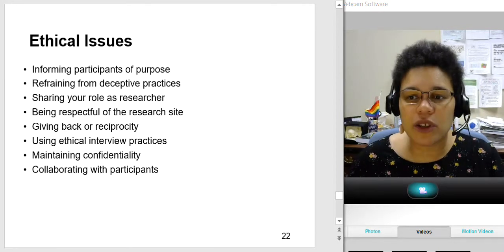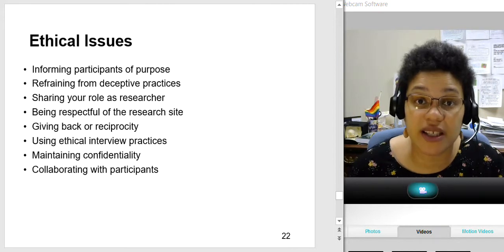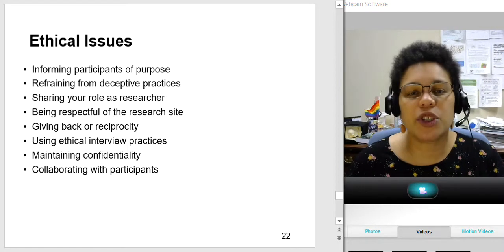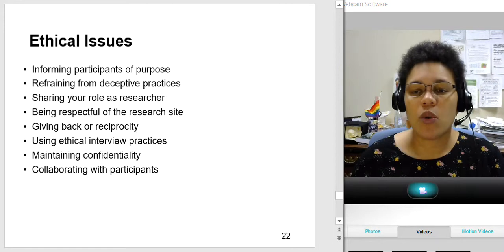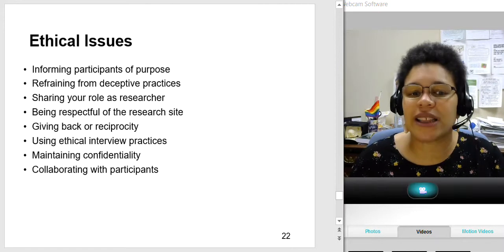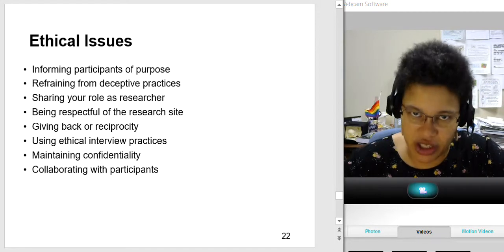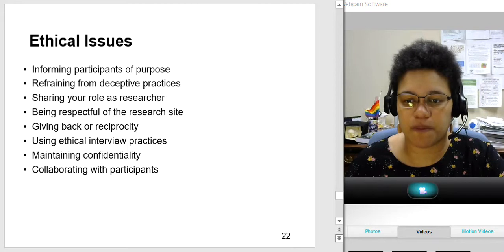And you want to look at your relationship with participants as collaborative to the extent possible, because there is a power dynamic between the researcher and those who are researched. So you want to collaboratively generate the stories that we're going to use in our studies, in our research reports.